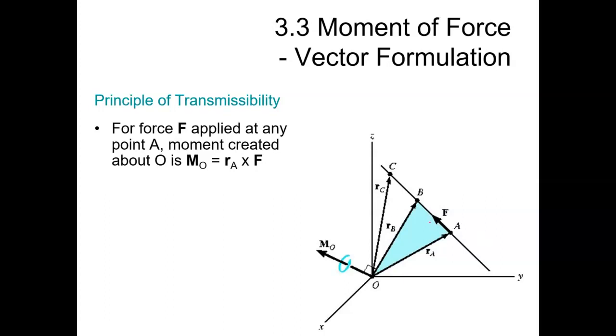So that is the line of action. From here to here, that is the line of action, the extension of the force. Any point here, A, B, C, even E, G, any point you get, you can construct a position vector, and then that's RE times F. The same thing.